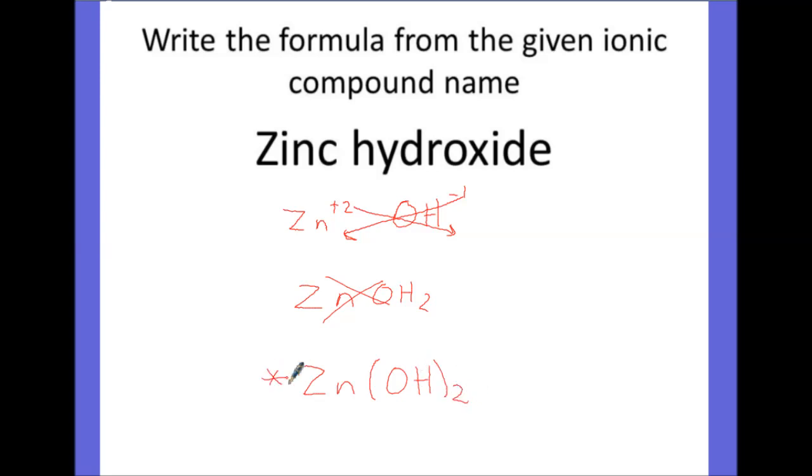Pay special attention to poor hydroxide. He's just kind of misunderstood. He always gets left out. He's never in the parentheses. A lot of people always forget about him. Don't forget about the hydroxide. Make sure your formula is this for zinc hydroxide. Just don't forget about parentheses. That's the only thing that people really miss on hydroxide, just making sure it's in parentheses.